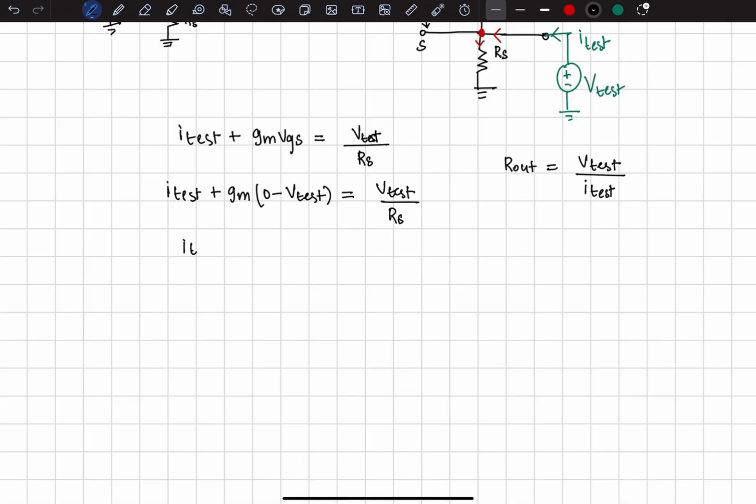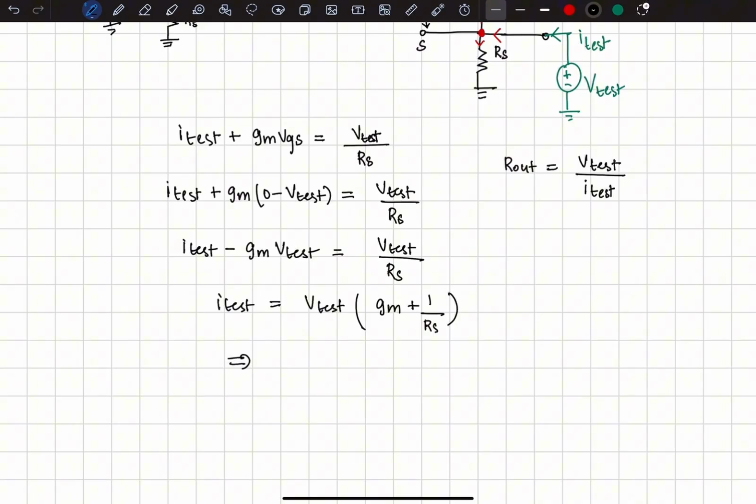So let's try to break down this equation. So I test minus gm V test is equal to V test divided by RS. I test is equal to V test times (gm plus 1 by RS).